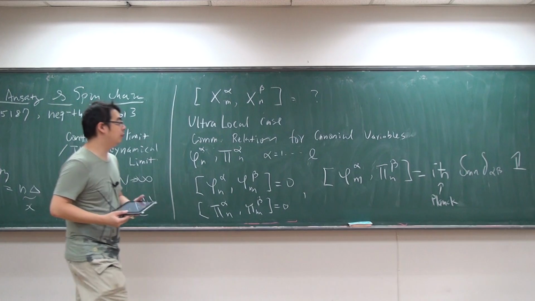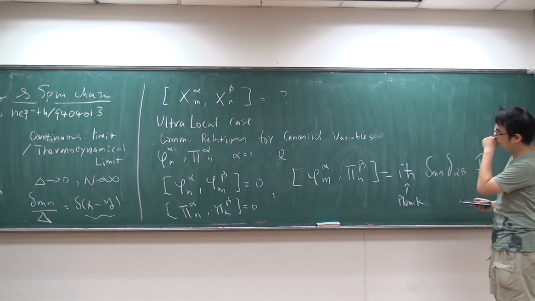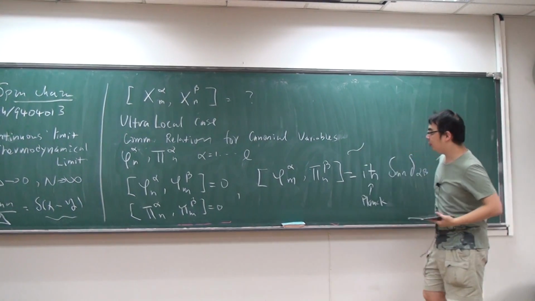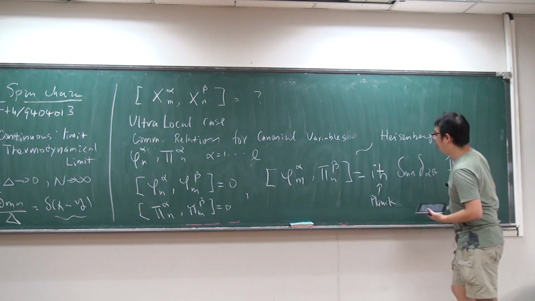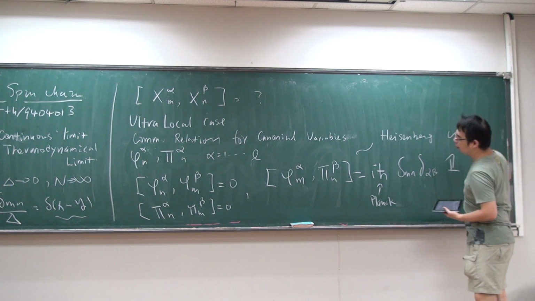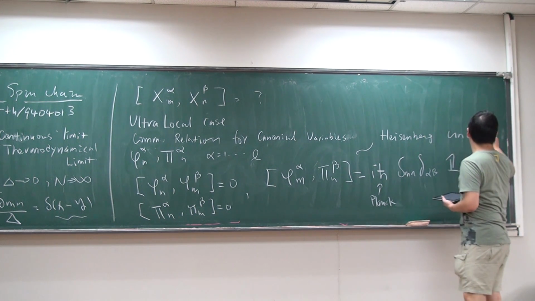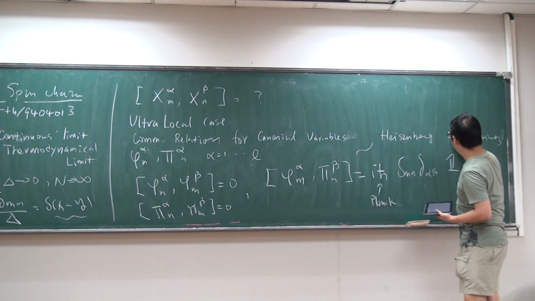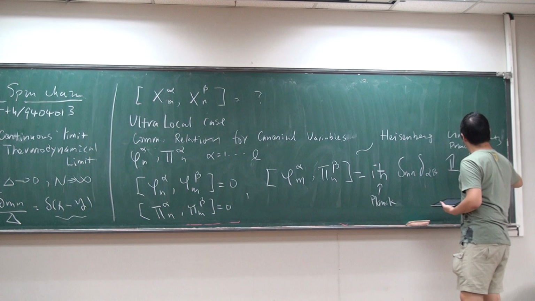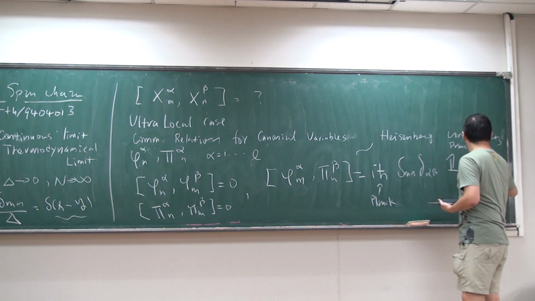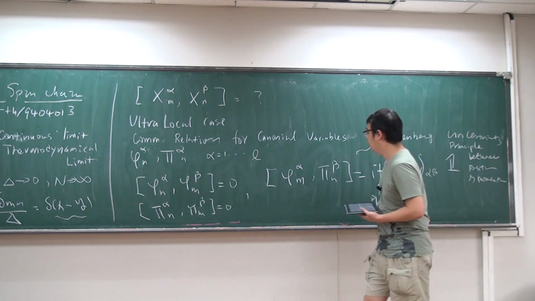So this, some of you might recall, is basically the Heisenberg commutator, the uncertainty principle between position and momentum in quantum mechanics.